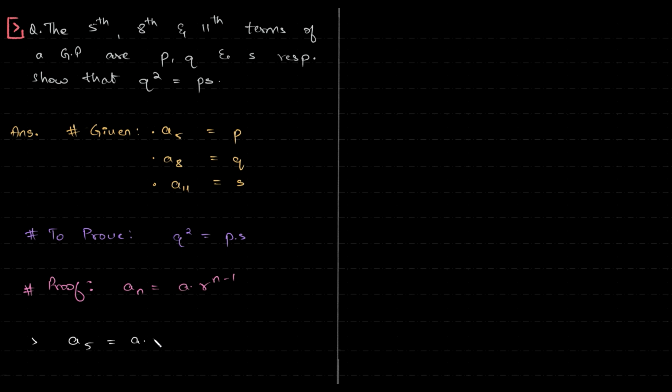So A into R to the power of 4 is equal to P, right? Then we have A 8, which is A into R to the power of 7, which is equal to Q. Then we have A 11, which is A into R to the power of 10, which is equal to S, right?